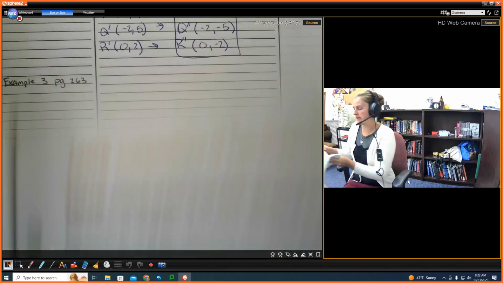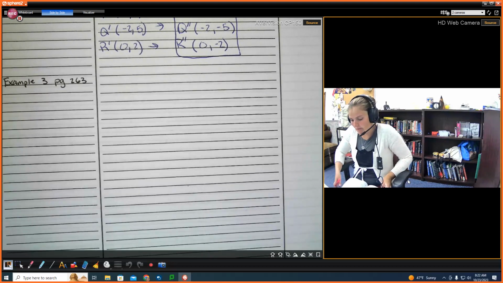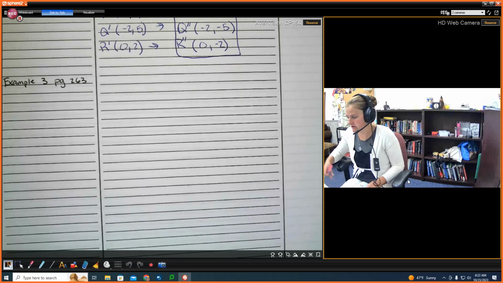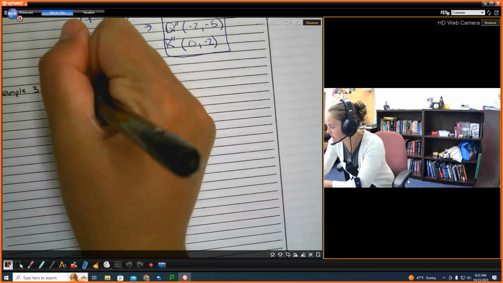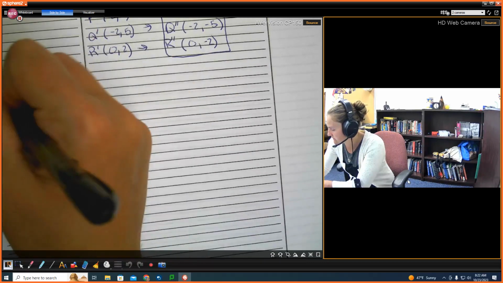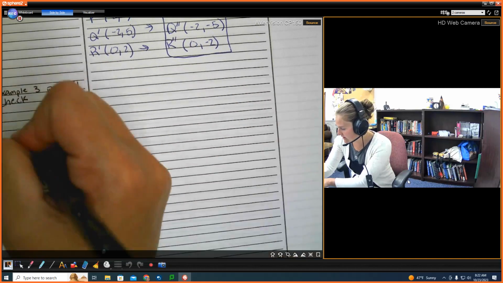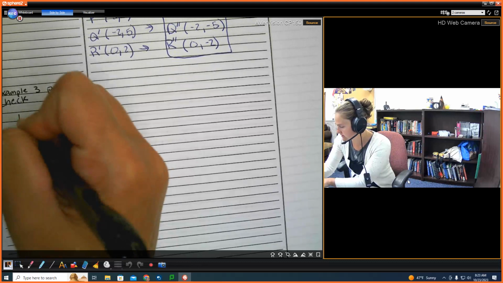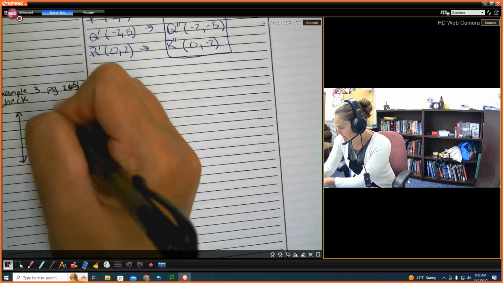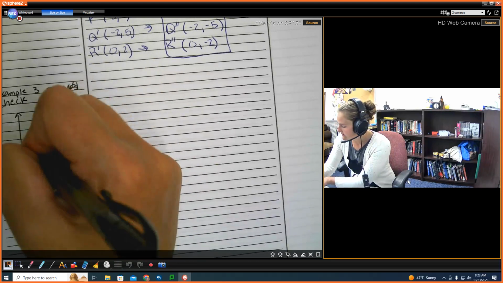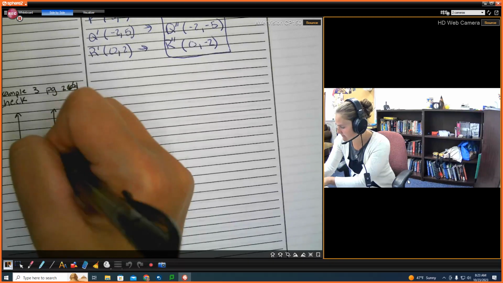So we're not going to copy that one down. Sorry, didn't need to write example 3 on there. But we are going to do example 3's check on page 264. Okay, and we're just going to draw the picture. So this is 4.2 meters.